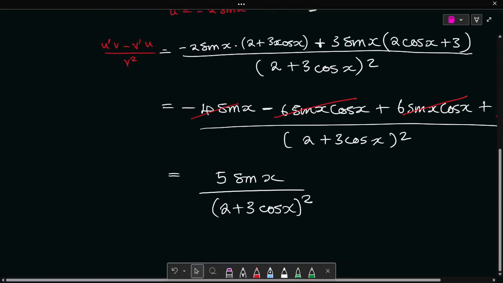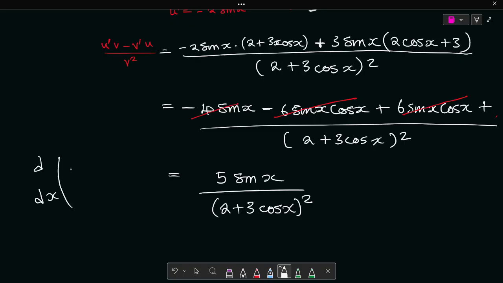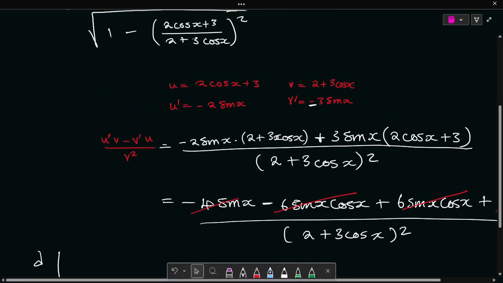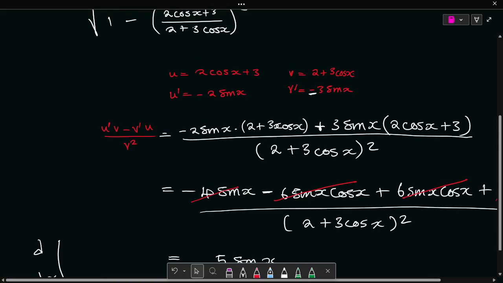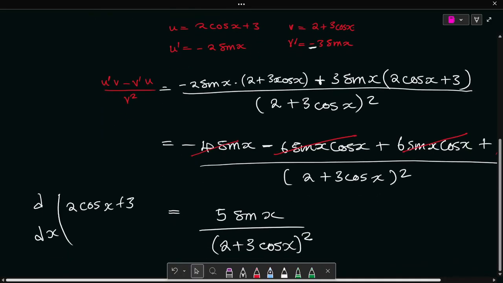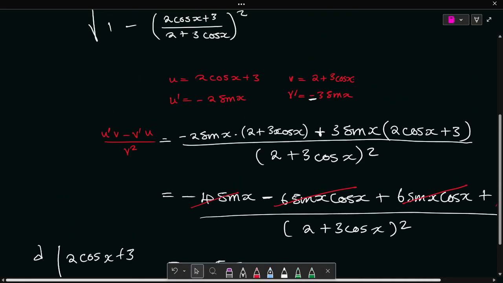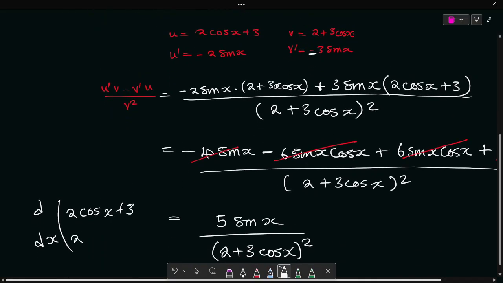So this is what d/dx of 2 cos x plus 3 over 2 plus 3 cos x is equal to.